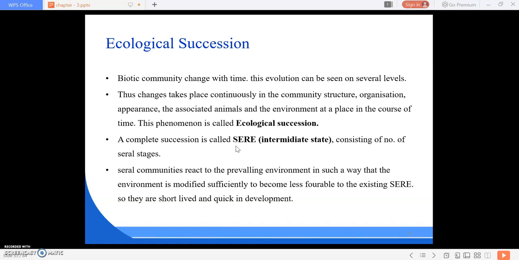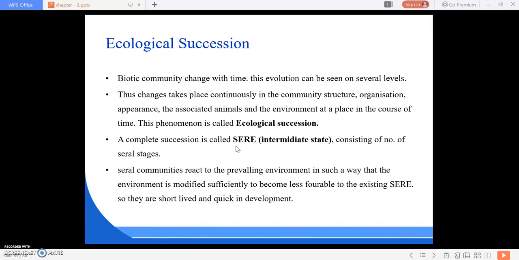A complete succession is called a sere, consisting of several stages. Serial communities are large in number depending on minor differences in edaphic, topographic or other local conditions.